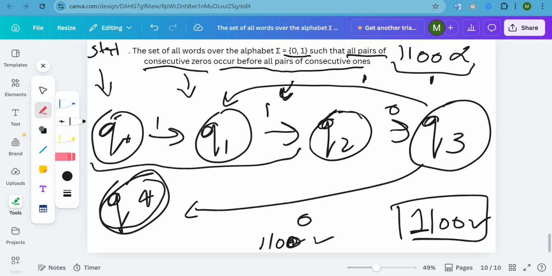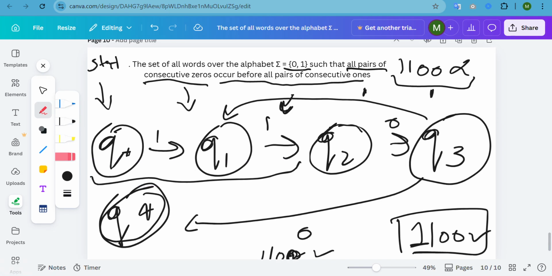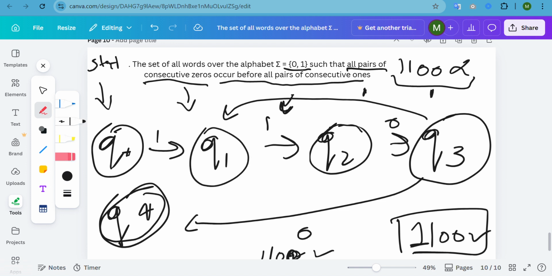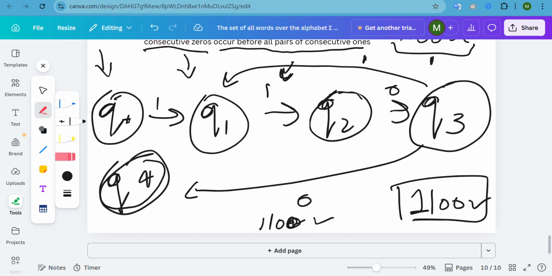And now after that, we can say what should happen with this other one. So with this one, what we can do is we can say if it reads a 0 here, it needs to read a 1 somewhere. And we're trying to lock, we're trying to make contains 1, 1, 0, 0.